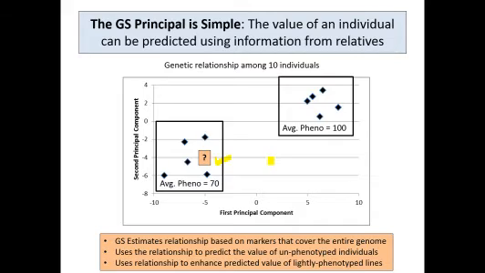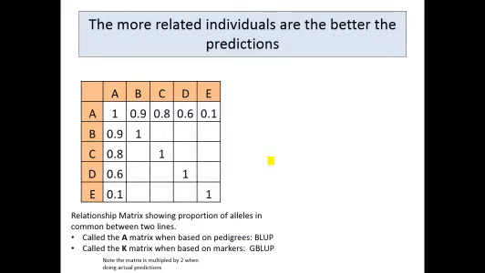But your advanced lines are probably tested with multiple reps and multiple locations. There's a lot of data on them. You can determine for your lightly phenotyped lines what the relationship is to densely phenotyped lines, and use the information from those relatives to predict the value of those lightly phenotyped lines. That can improve your predicted values of those lines.